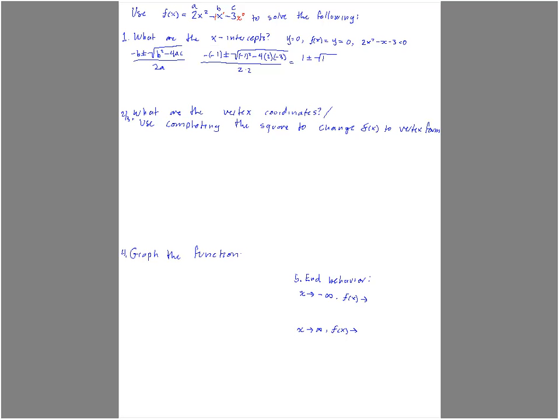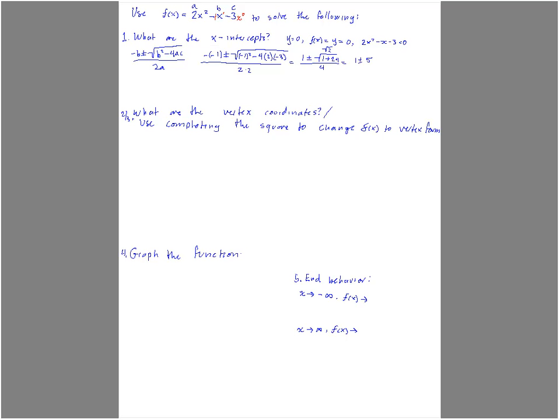So that's 1 plus, because the negatives cancel, 4 times 2 is 8, times 3 is 24, all over 4. And so what we end up with is 1 plus or minus the square root of 25.